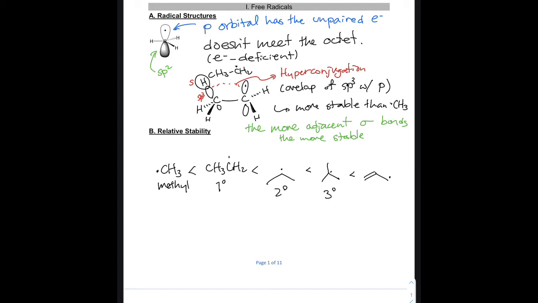So an allylic radical would be the most stable of all because it has resonance stabilization, right? Like so.